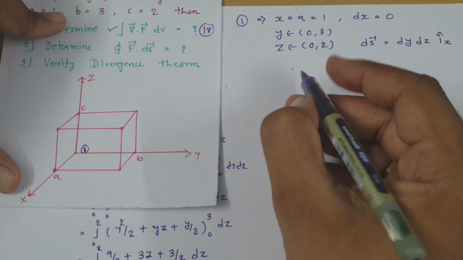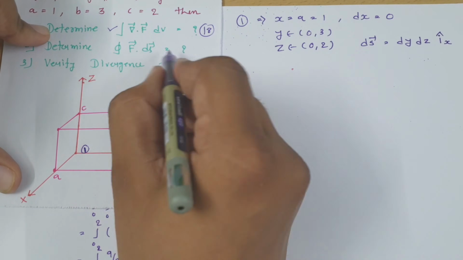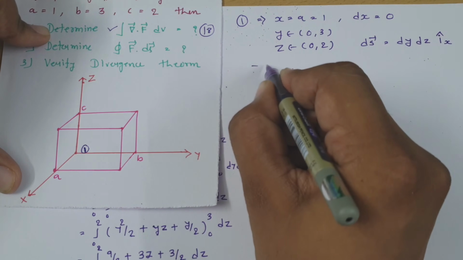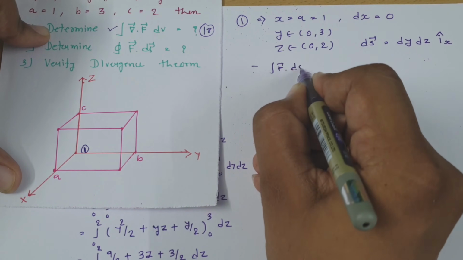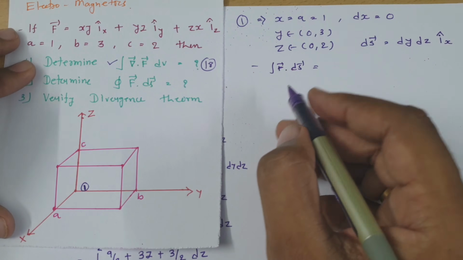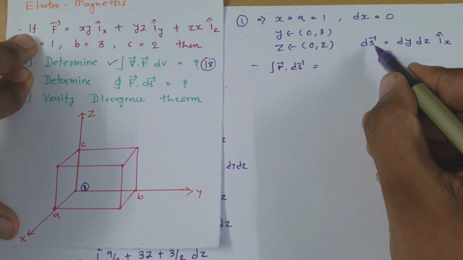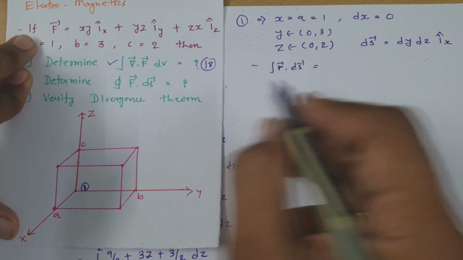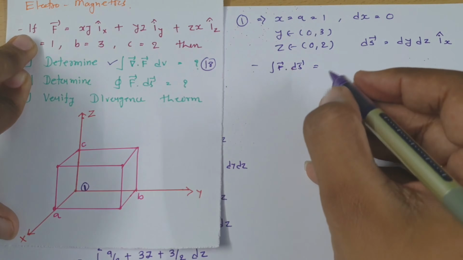Now if you calculate the surface integration for the first surface, you'll be finding F dot ds, right? If you observe this function F, the surface is there in the x direction only, so only the x component will come in the picture.